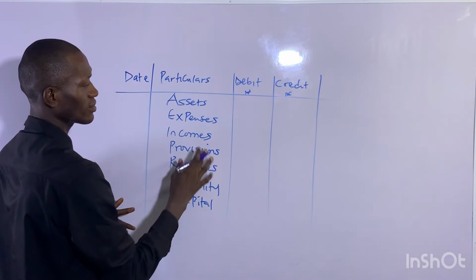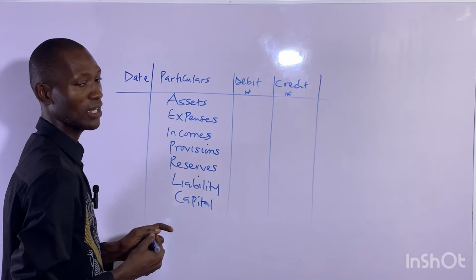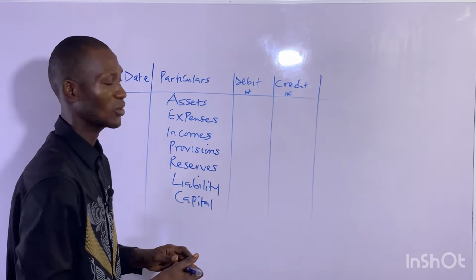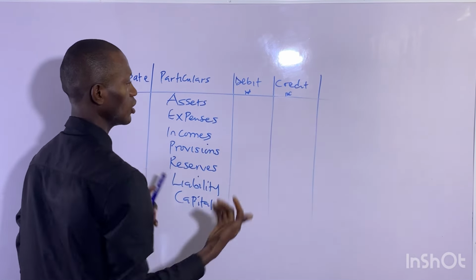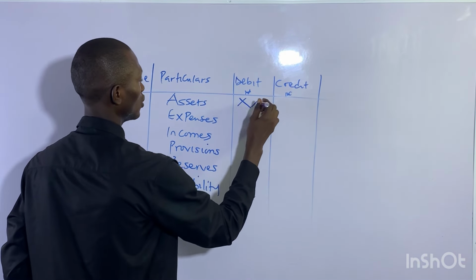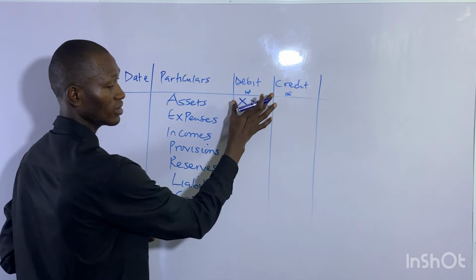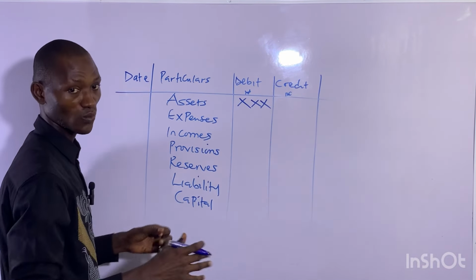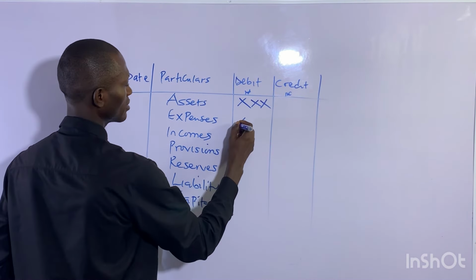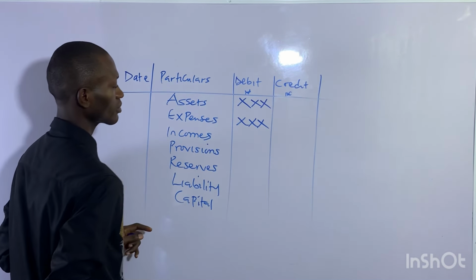So let's try to talk about the fact that some will be debited and some will be credited. Assets, we said the golden rule of trial balance states that all assets are debited, so they must be recorded on the debit side. Assets, which we have talked about earlier on. Then expenses too must be debited.